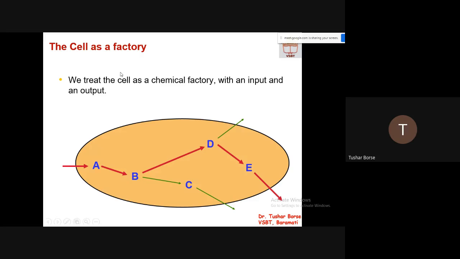You can imagine a cell as a factory, because in a factory we have the raw material coming in, it undergoes different processes, and at the end what you get is an output. Along with the output, you may get some waste material also. So that is a synonymous example of a cell as a factory. आलं लक्षात?